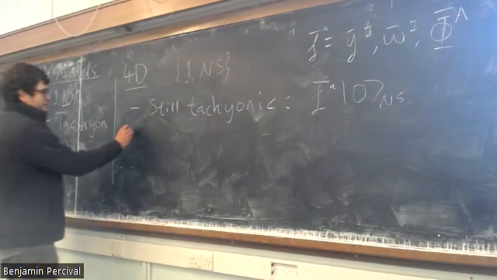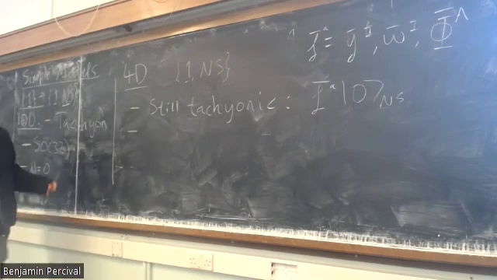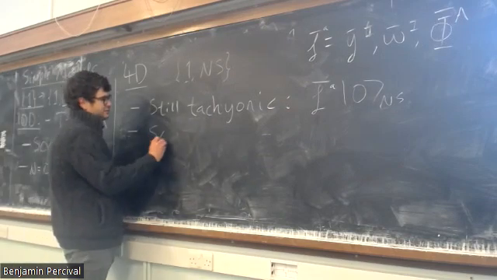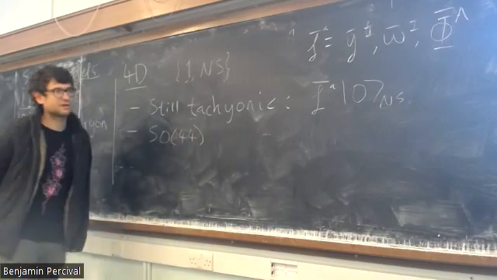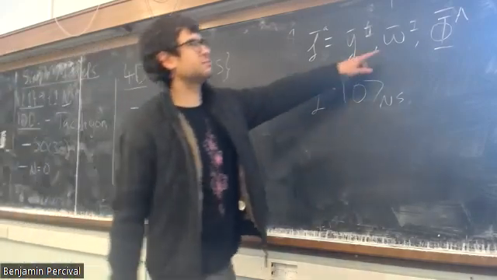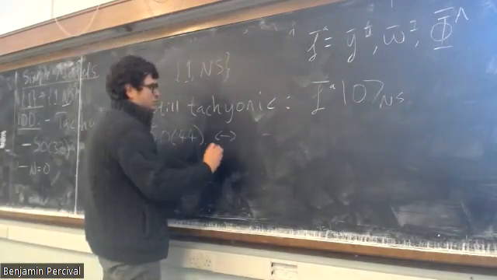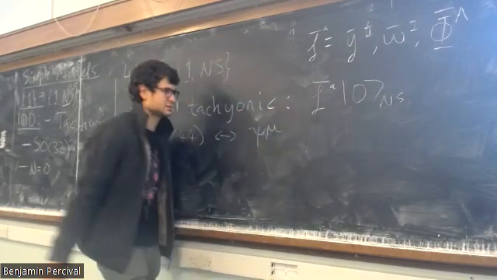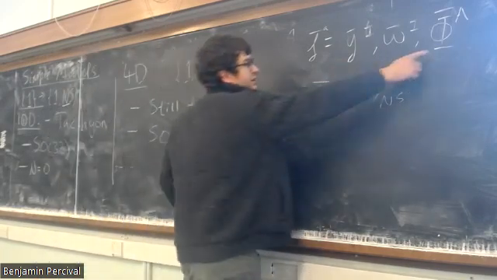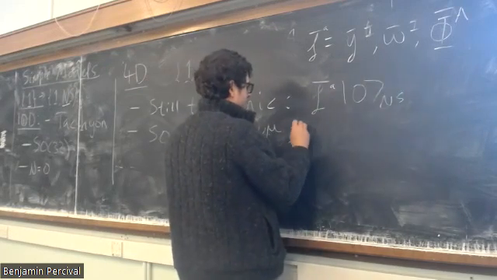Then what do we have? Instead of SO32, we'll actually get SO44. Because we have these extra Y bar and W bar, the gauge bosons will be the same, but instead of only having phi bar, we have F bar.